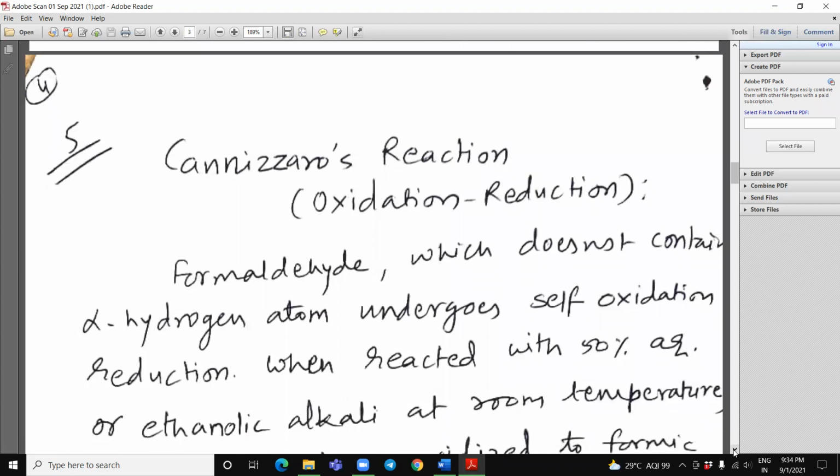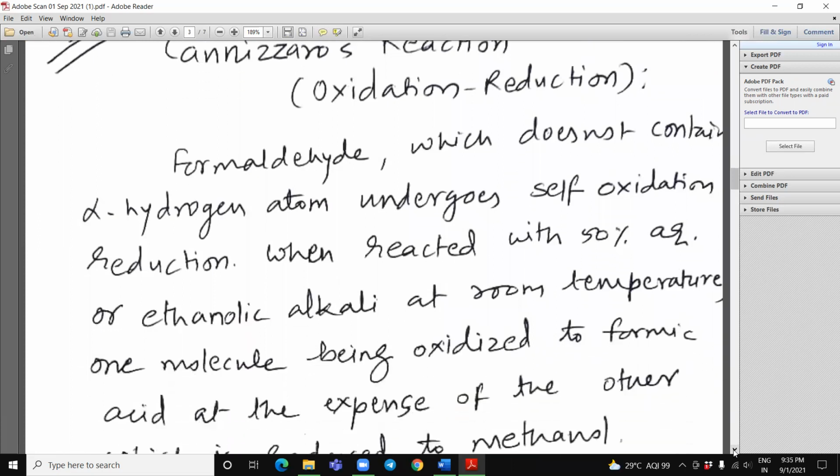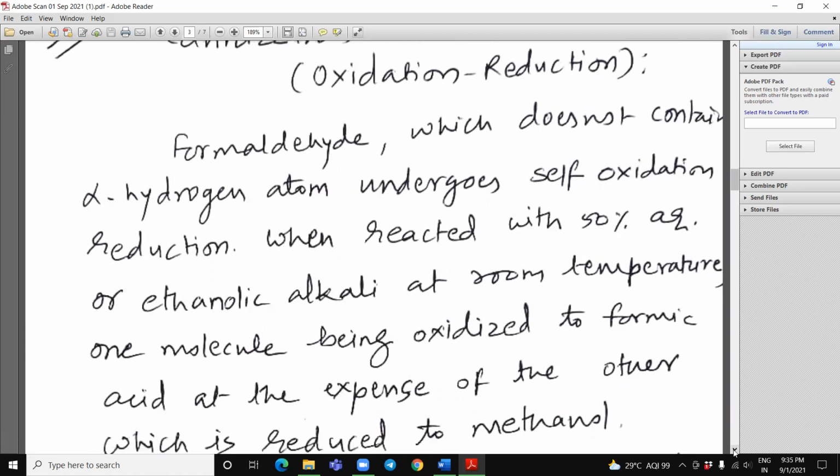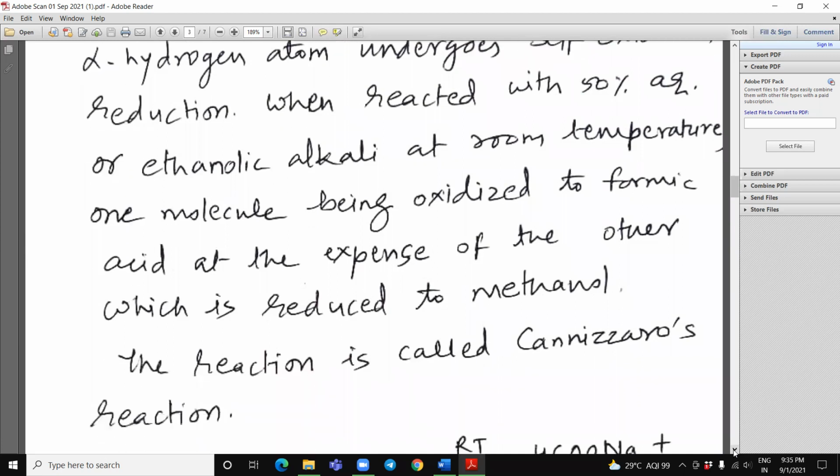Next reaction is the Cannizzaro reaction. It is an oxidation reduction reaction. Formaldehyde, which does not contain an alpha hydrogen atom, undergoes self-oxidation reduction when reacted with 50% aqueous or ethanolic alkali at room temperature.